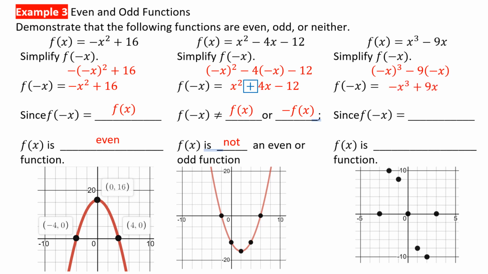So our result has what was a positive x cubed is now negative, what was a negative 9x is now positive. Both of those signs are different. That can be expressed as the opposite of f of x. When f of negative x is equal to the opposite of f of x, we call that an odd function.